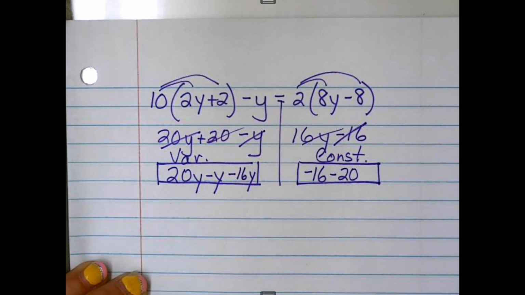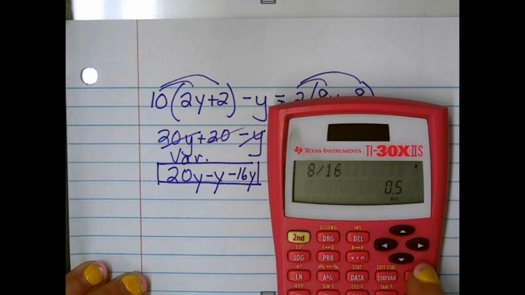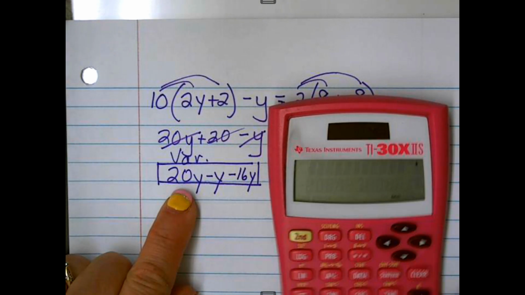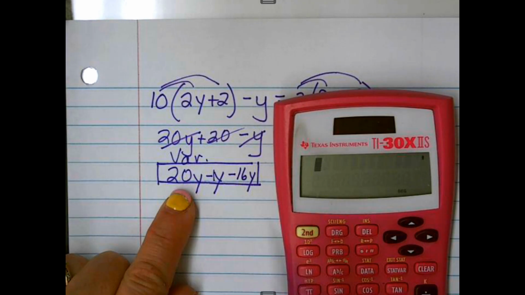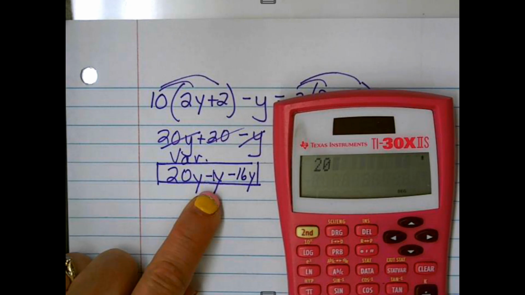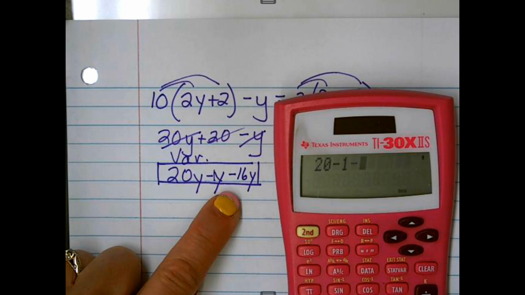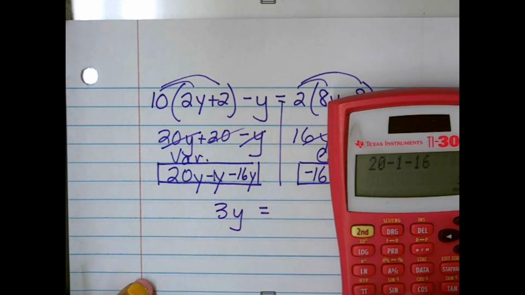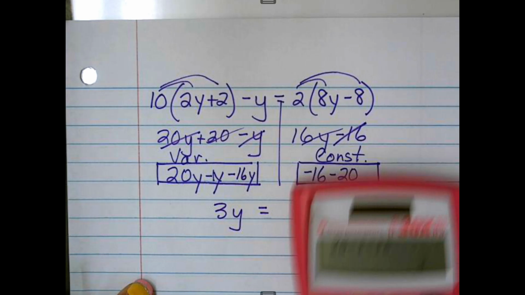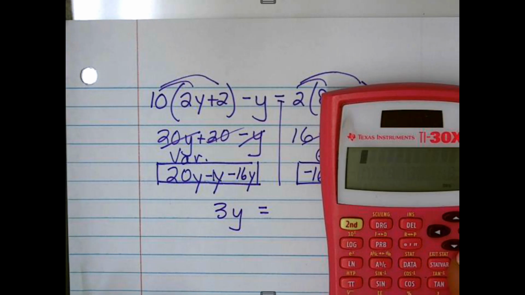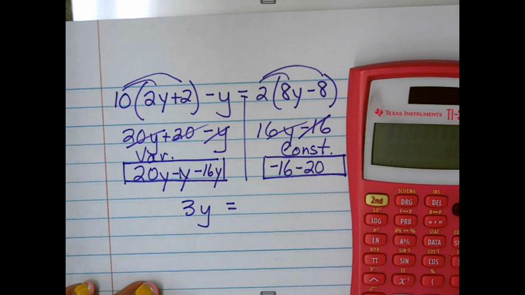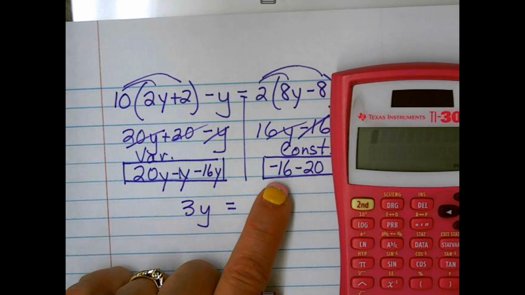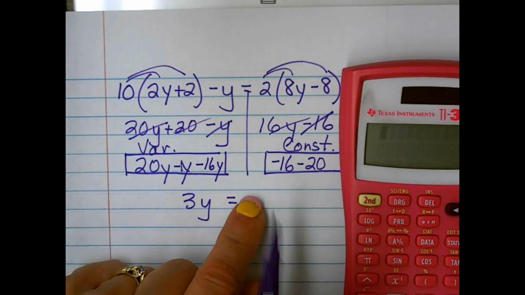I'm going to go ahead and type this in. Don't forget there's an invisible 1. So 20 minus 1 minus 16. That leaves me with 3y. And right here, just a good review, you're going to type in negative 16. Okay, negative 16 minus 20.